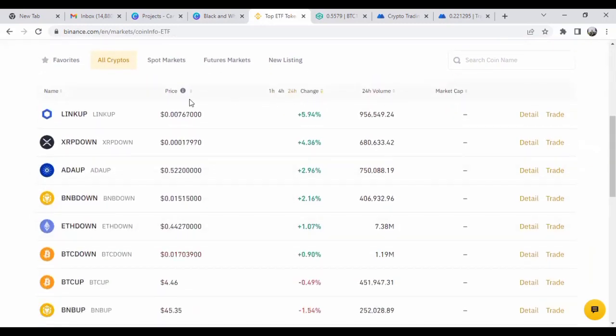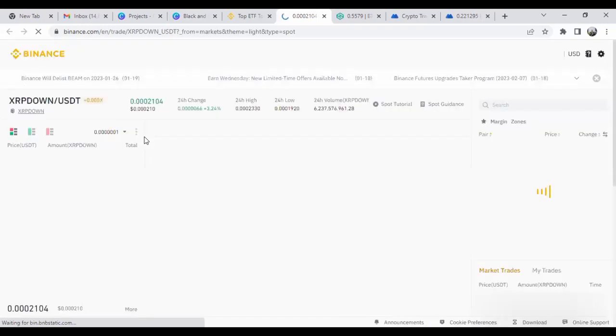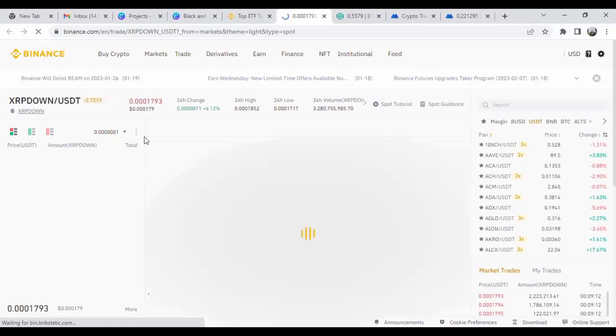Now you're seeing a list of ETF tokens, and I want to explain what this is all about. Now we're seeing LINK up, XRP down, ADA up, and BNB down. So I kind of made a similarity with ETF trading as like you getting a reward for a proper price prediction.